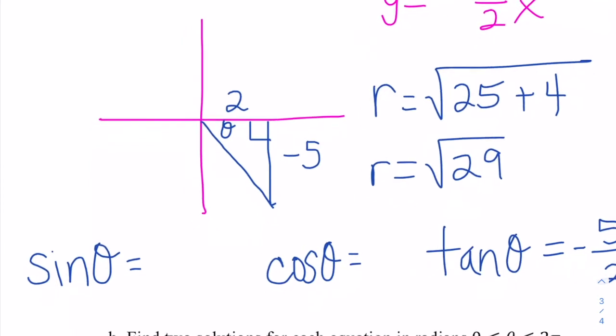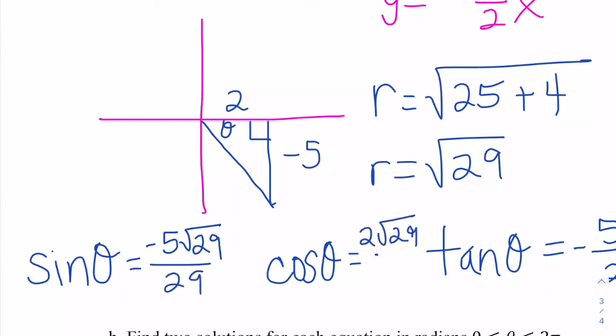Remember, that is going to be positive. The radius is always positive here. So the sine would just be opposite over the radius, or y over r. And I'm just going to rationalize that. So negative 5 root 29 over 29. And then cosine will be 2 root 29 over 29.